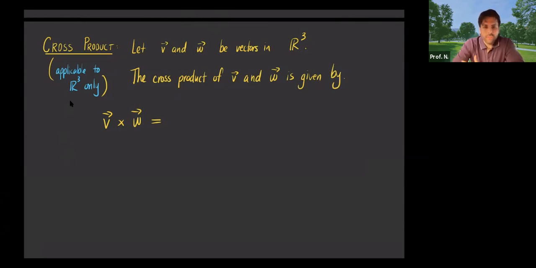It's an orthogonal vector we get at the end, right? We get a vector that's orthogonal to both V and W. And so this idea of cross products is what's utilized to find the equation of a plane, because with two vectors, you can find the plane that those two vectors span.